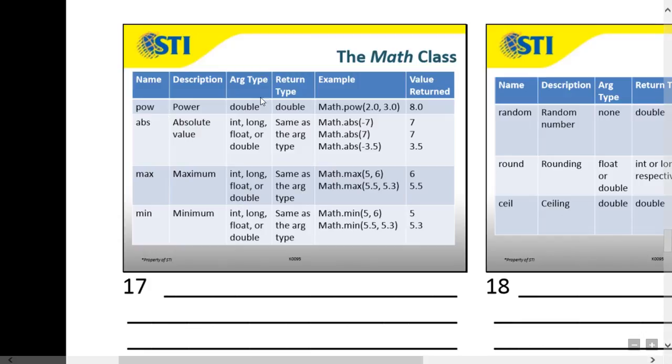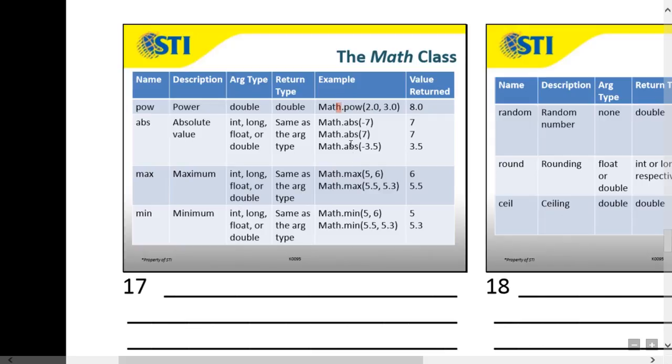The argument type should be double. That's why in this example you can see that it is 2.0, because it needs to have a decimal value since it is double. And then we use this syntax. We call the Math class dot, meaning the method that we are calling is static.